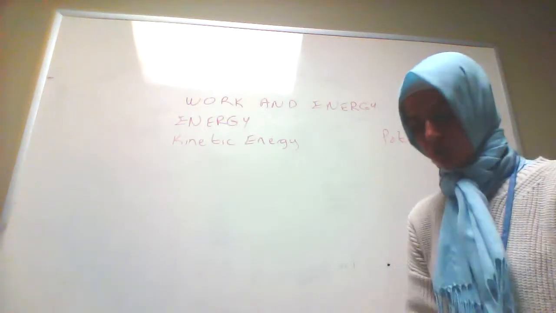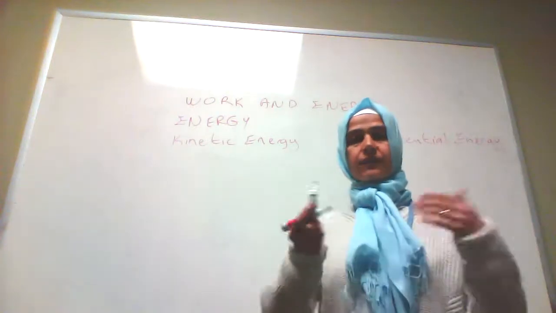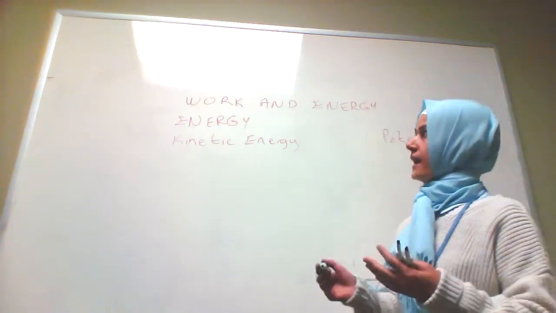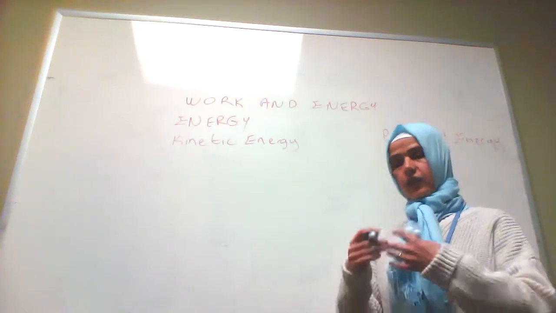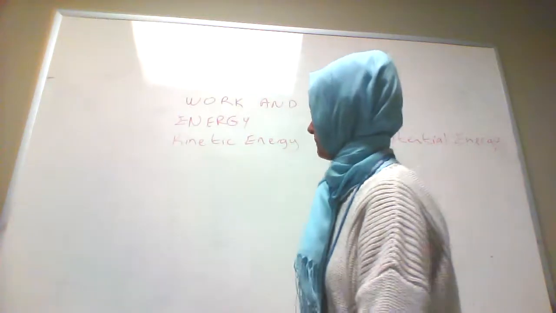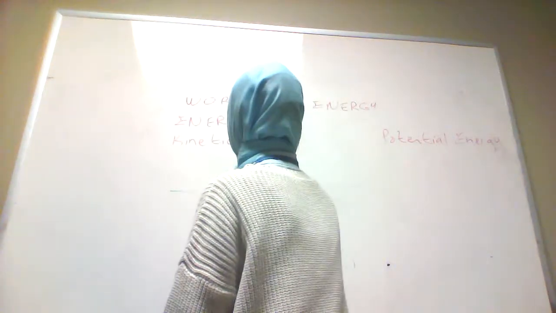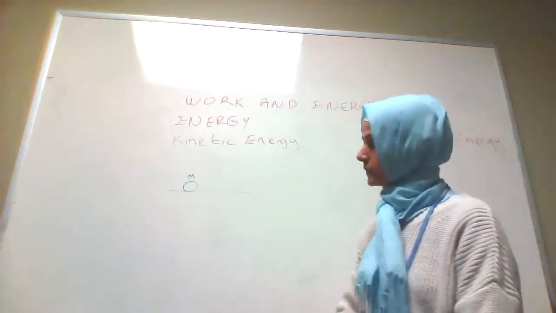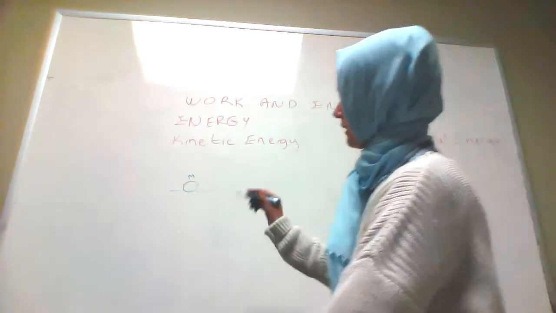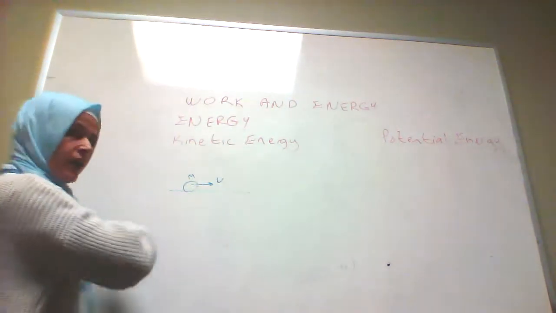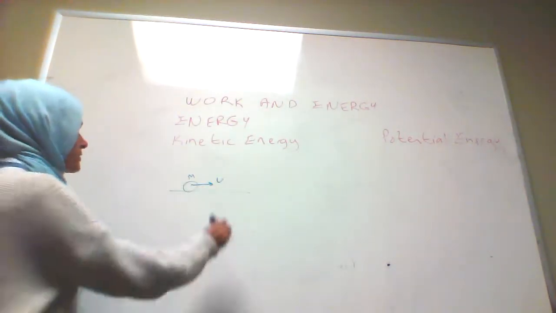Kinetic energy is related to velocity. If an object has a velocity, it has kinetic energy. It's the energy of motion. If we talk about kinetic energy, it means that an object is moving. It's in motion and has a velocity. And if we had an object, let me draw a marble for example, I kicked the marble and pushed it and gave it a velocity, and let's say it's moving with this constant velocity.